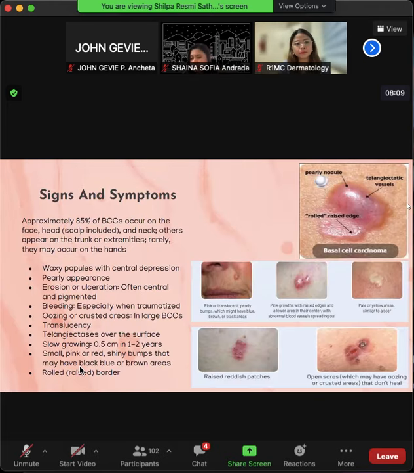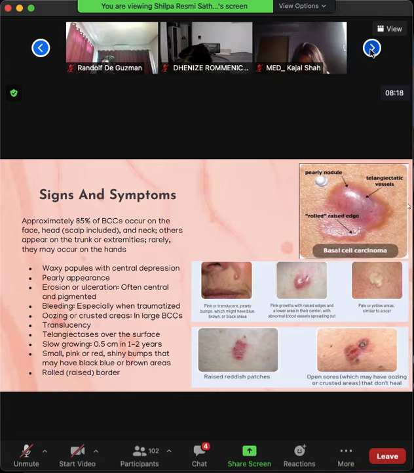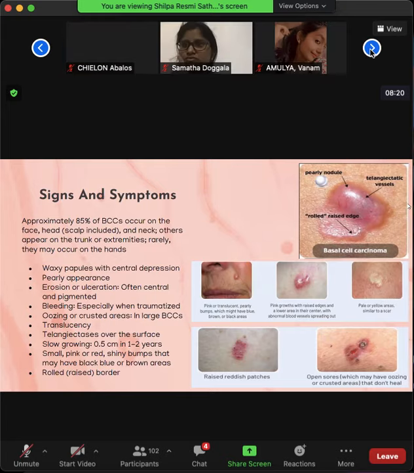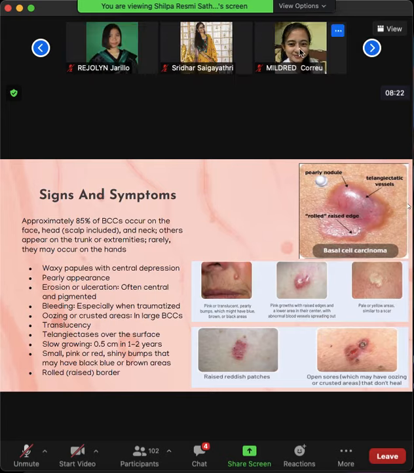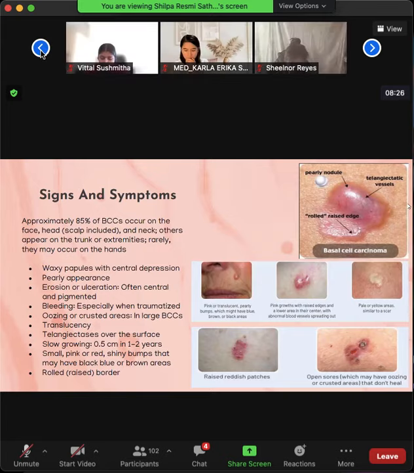And the signs and symptoms and the clinical manifestations of basal cell carcinoma are: approximately 85% of BCCs occur on the face and head, scalp included, and neck, and others appear on the trunk or extremities, and it rarely occurs on the hands.